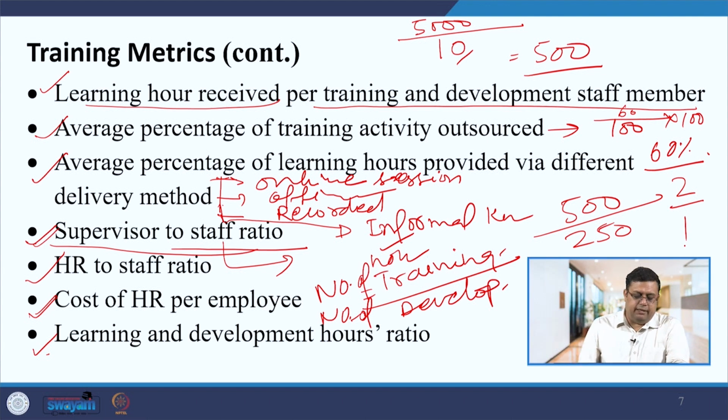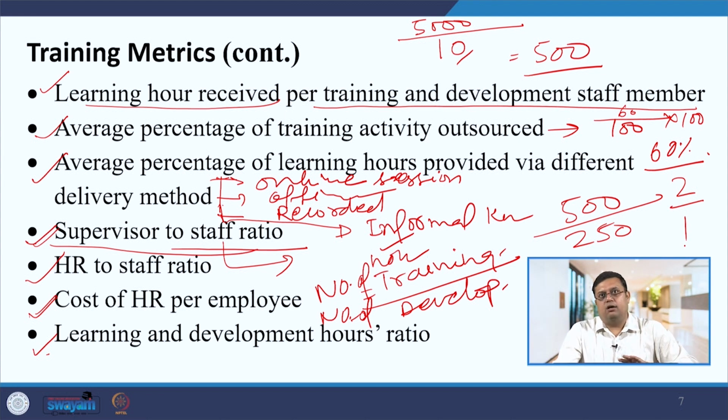Most of the time you will see that training is given for more hours and employees are developed for fewer hours. This ratio will help you understand which type of training and which type of development activity should be given.